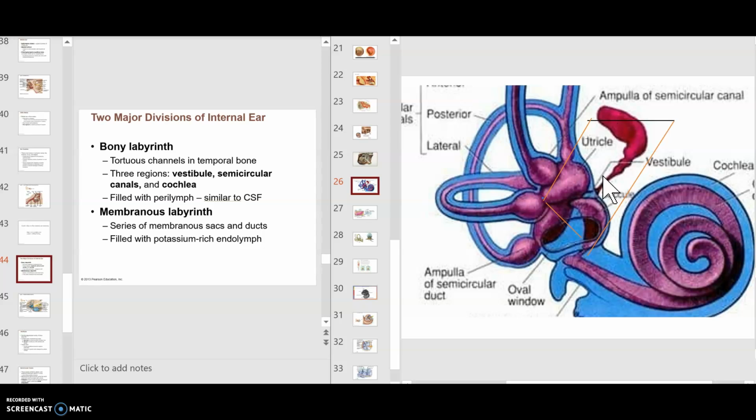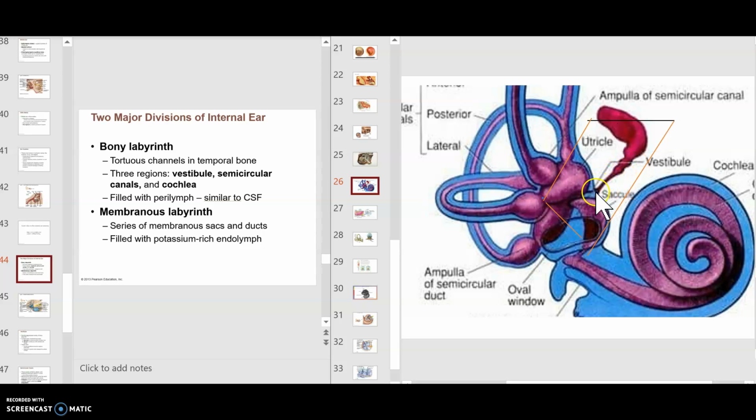Now, the vestibule is the cutout portion of the bone. But the membranous labyrinth, which would be inside, has two sac-like structures. One here is the utricle, and the other is going to be the saccule.